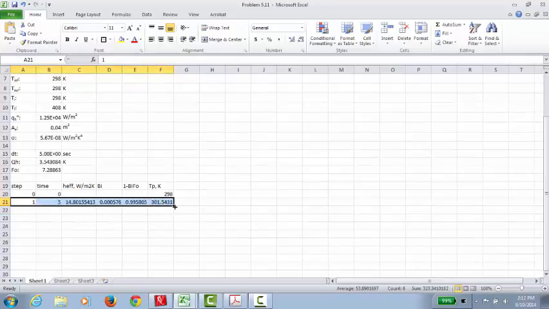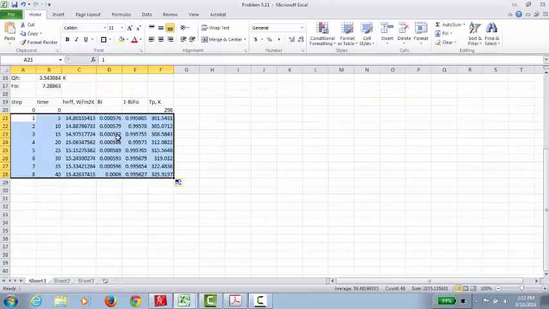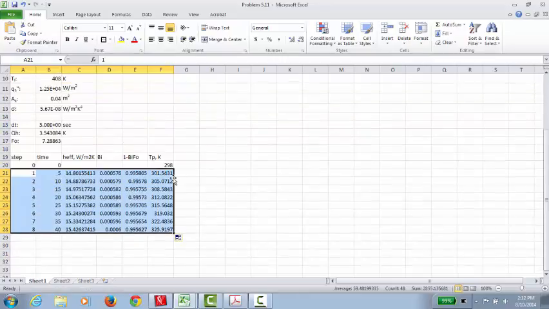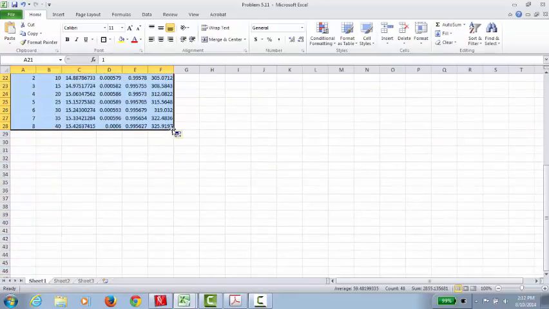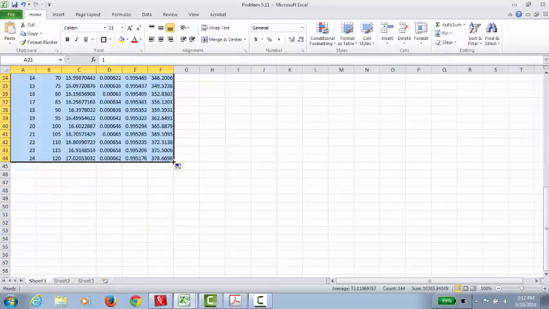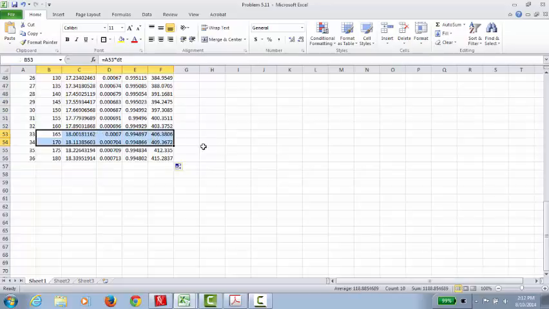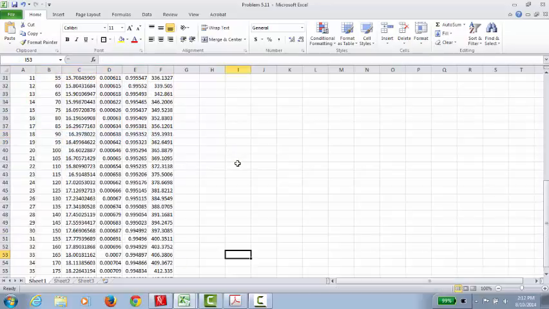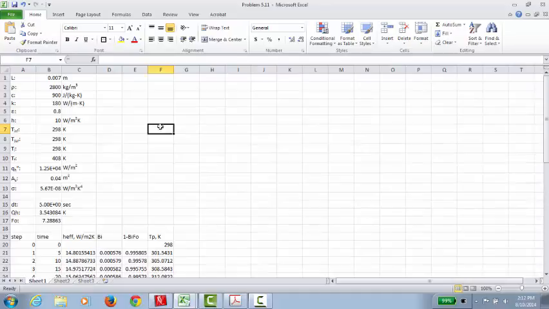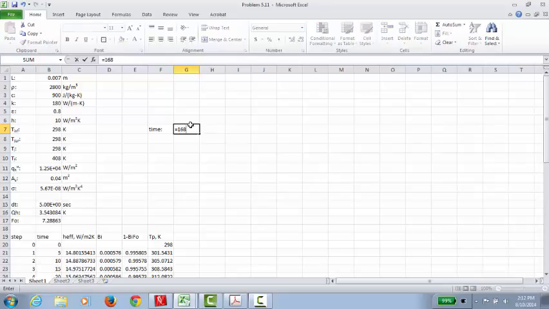Now we can simply drag this down. You can see now the temperature is going to grow. We want to reach a final temperature of 408 Kelvin. So see how long that takes. It looks like it's somewhere between 165 and 170 seconds. So a preliminary answer here is that the time required is about 168 seconds.